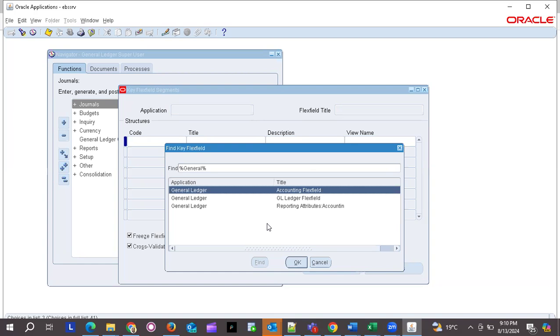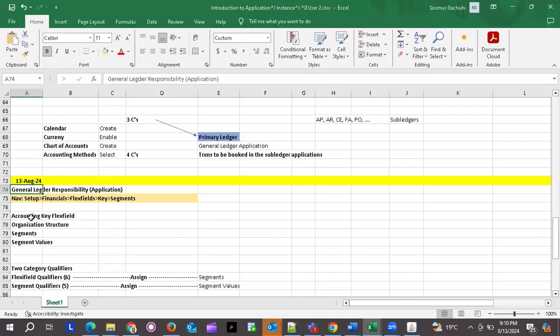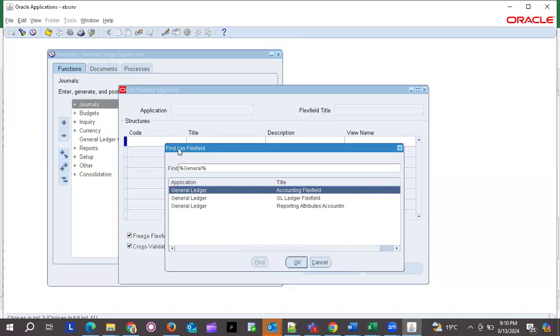That's where we have this name featuring. This key is the same key that we have been mentioning, flowing in each and every window, but now you have to specify it's the accounting key Flexfield. That's where we map our structure name. So you select the first one, which is general ledger as the application, and the title is Accounting Flexfield.